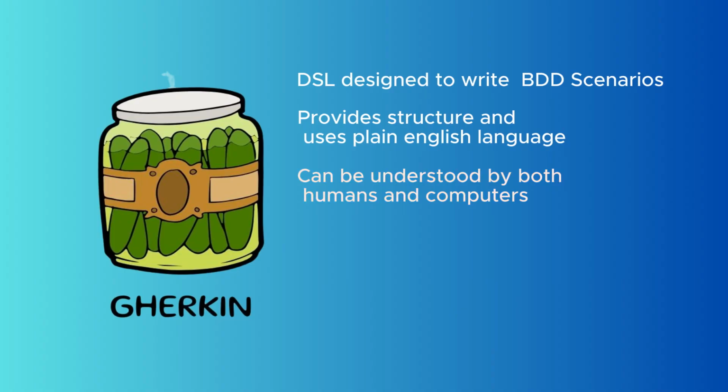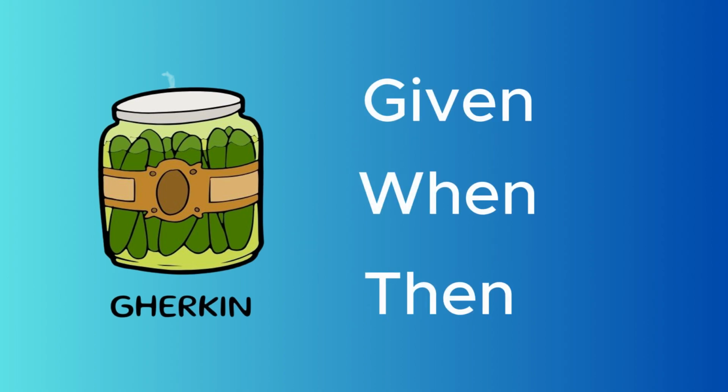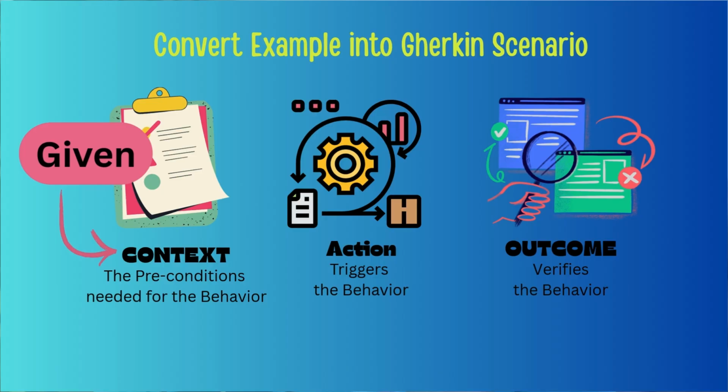Gherkin helps to describe your requirement into features and scenarios. Gherkin uses given, when, and then to provide the structure to the scenarios, and these three keywords refer to those three things which you need in an example, which are the context, the action, and the outcome. The given keyword describes the context of the behavior.